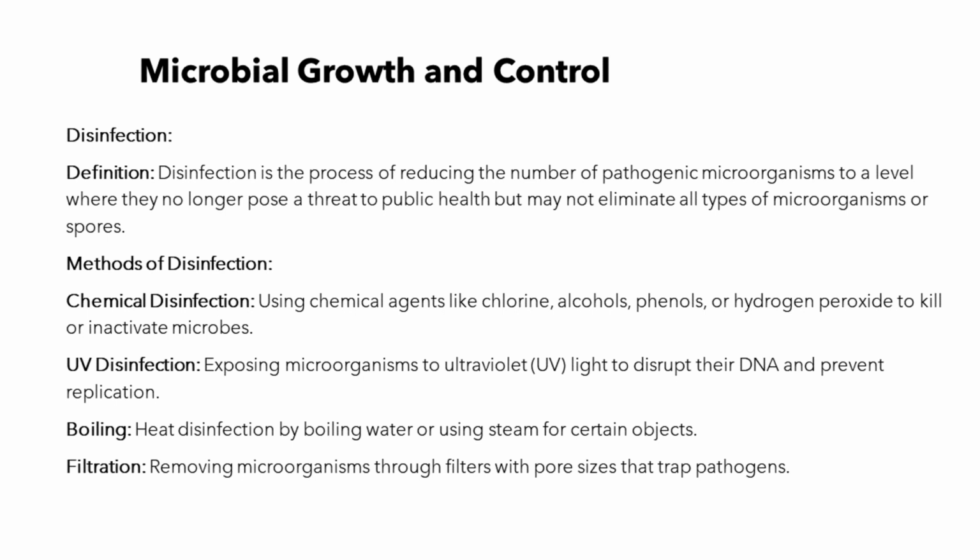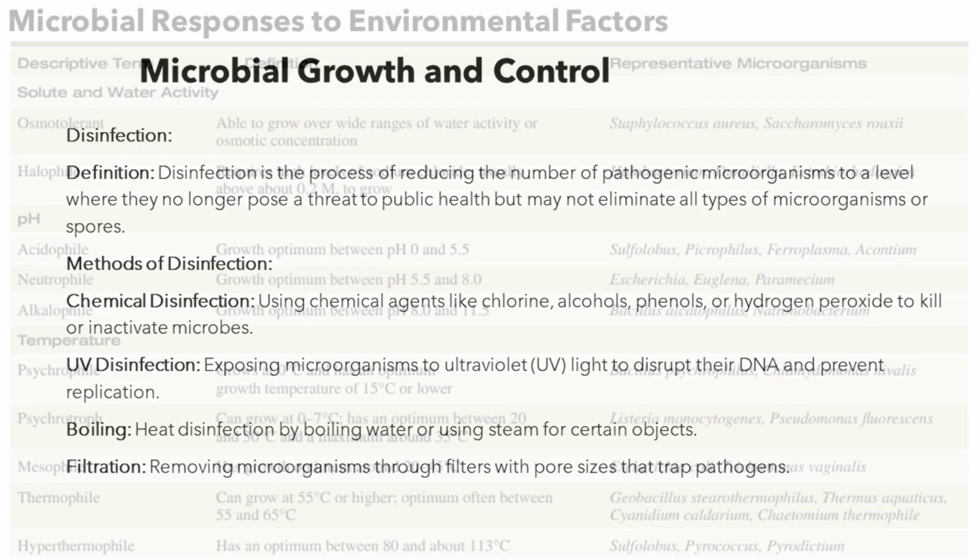UV disinfection, exposing microbes to UV light to disturb their DNA and prevent replication. Boiling, heat disinfection by boiling water or using steam for certain objects. Filtration, removing microorganisms through filters with pore sizes that trap pathogens.